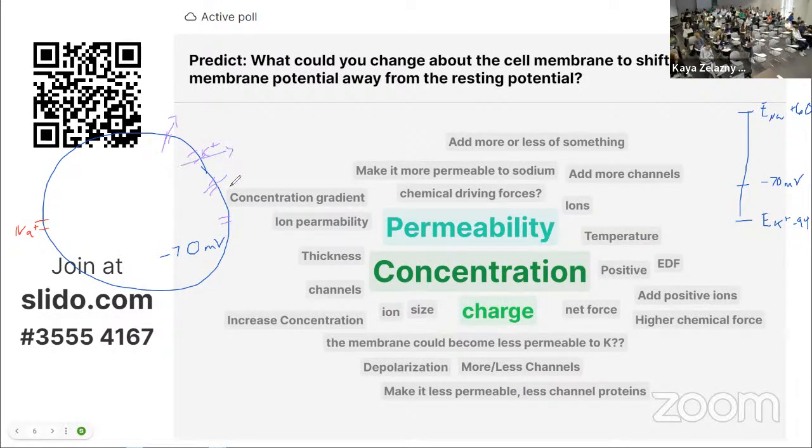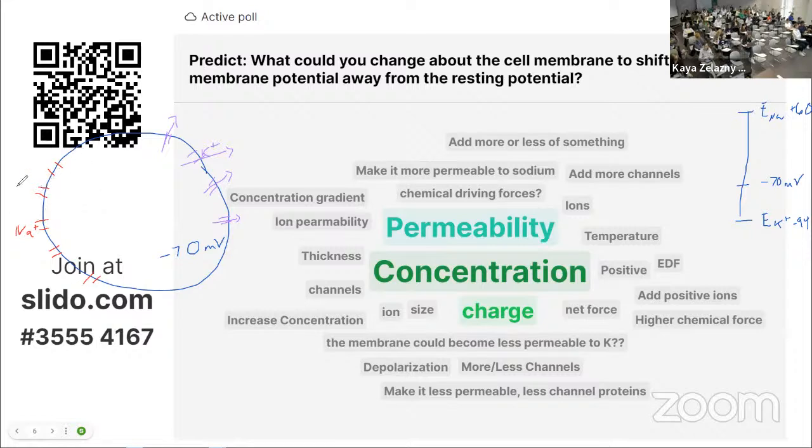Okay. So as we start to change the permeability of this membrane to different ions, we are also going to end up shifting away from that resting membrane potential. So first, what we are going to see in our action potential, so I'll just use that as our example, is a bunch more sodium channels opening, right? This is going to be one of the first steps.